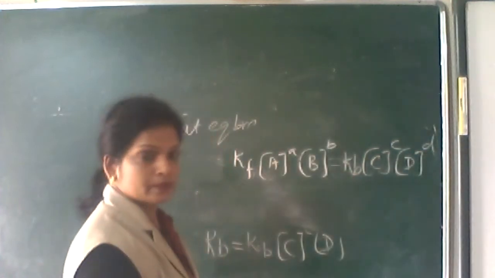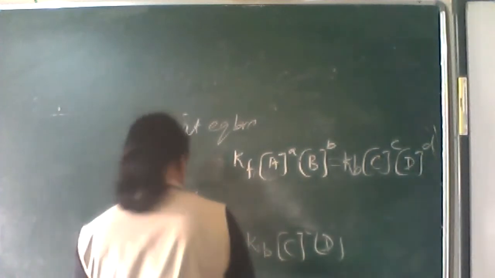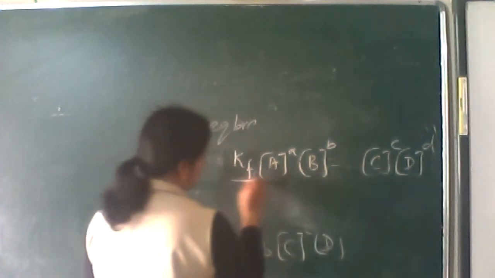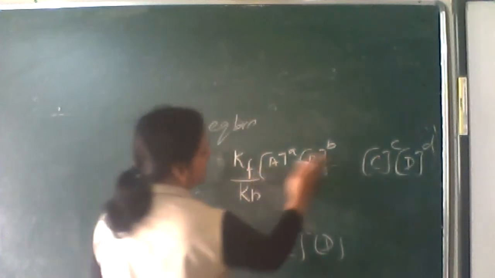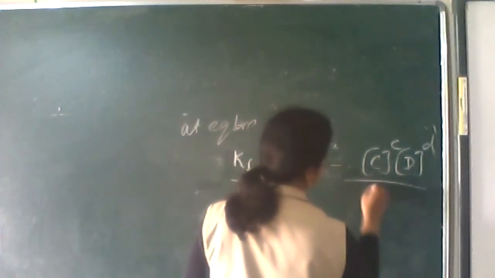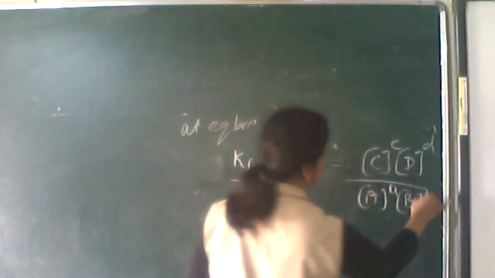Or Kf by Kb. I can take Kb to this side, so Kf by Kb is equal to C to the power c into D to the power d upon A to the power a into B to the power b.